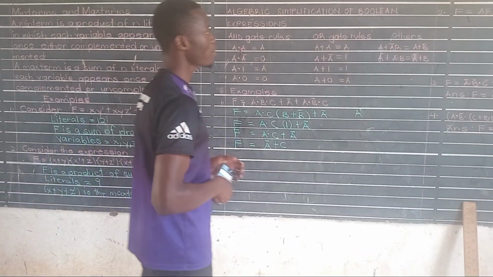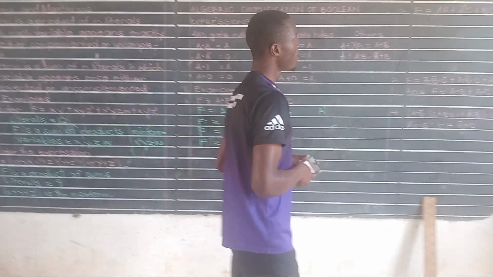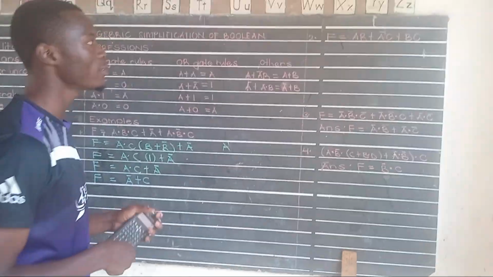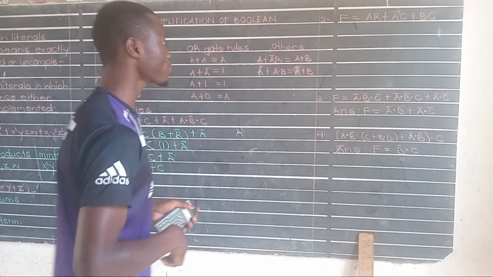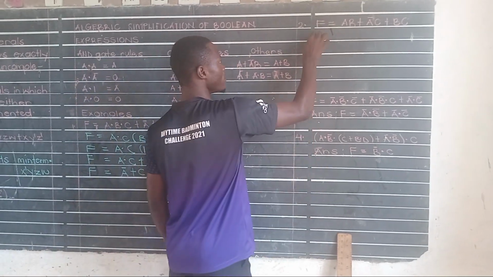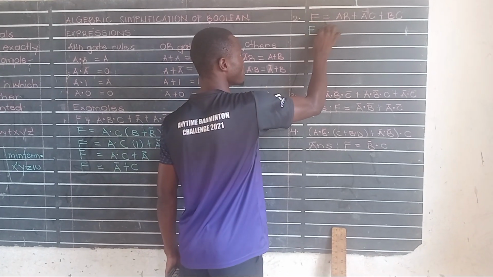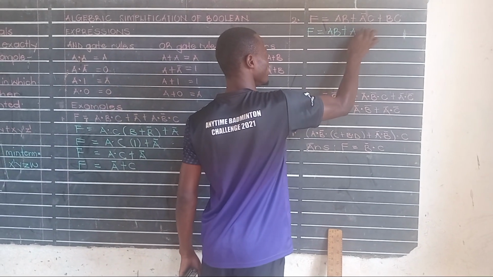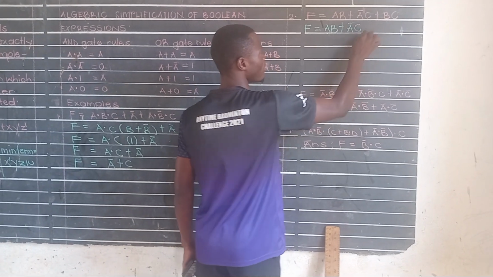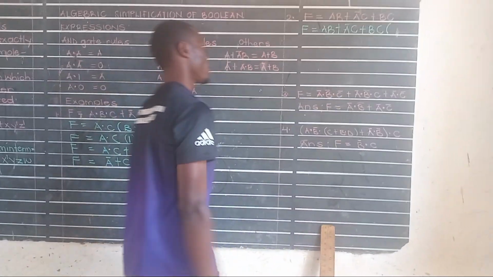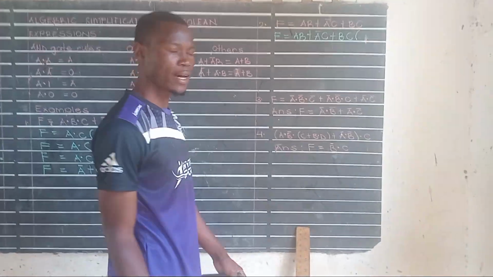I have another example here. Example number 2. F is equal to AB or not AC or BC. So you can still further simplify this problem using Boolean algebra. I'll say that F is equal to AB or not AC or BC. I have introduced what I can refer to as a neutral term.